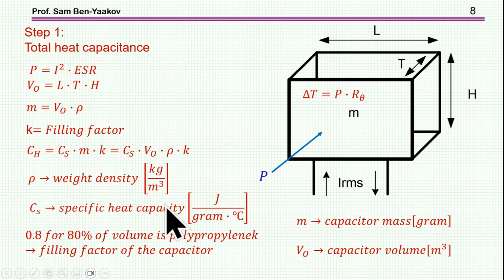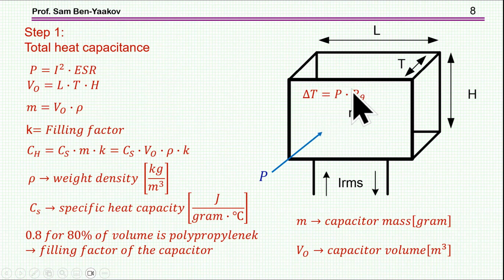So to build up the model, we consider this volume here, which has a certain mass to it. Power is coming in due to this current, and the power is I squared ESR. Volume is just a product of these dimensions. The mass is the volume times the specific gravity, and then we assume some filling factor, that all the volume here is not filled with polypropylene.